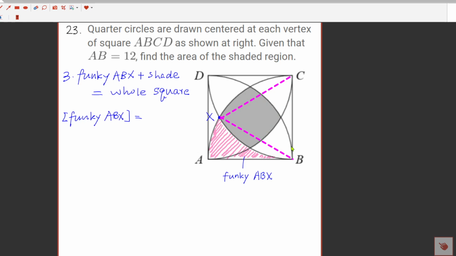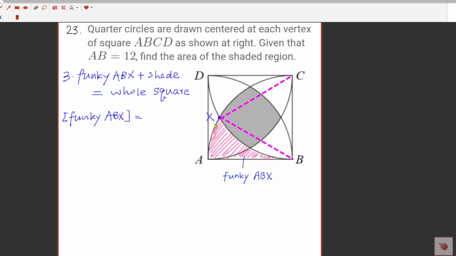And since BC, BX, and CX are radii of congruent circles, triangle BCX is equilateral, right? Therefore, the region bounded by BC, arc BX, and arc CX has an area that can easily be solved.